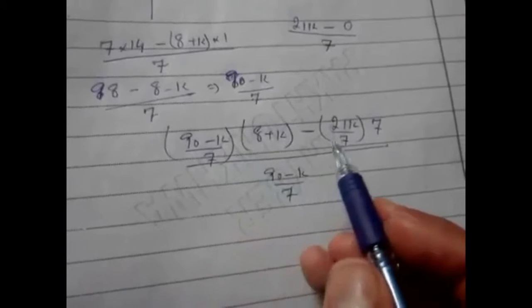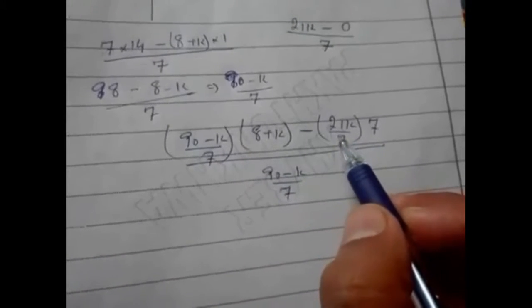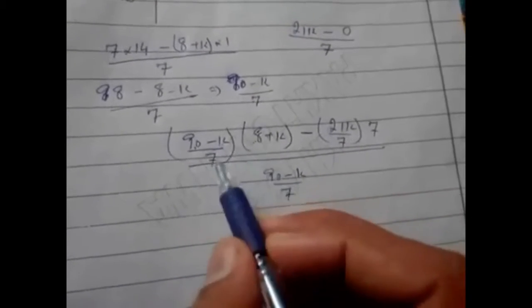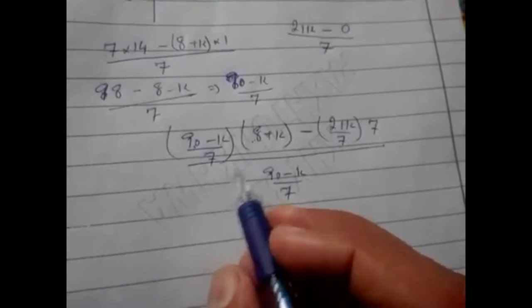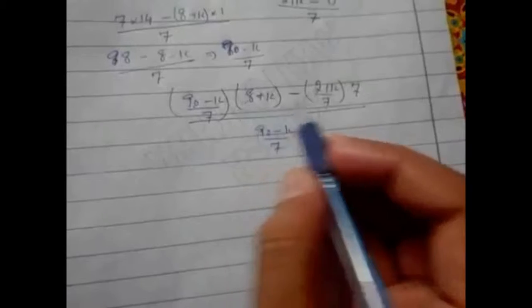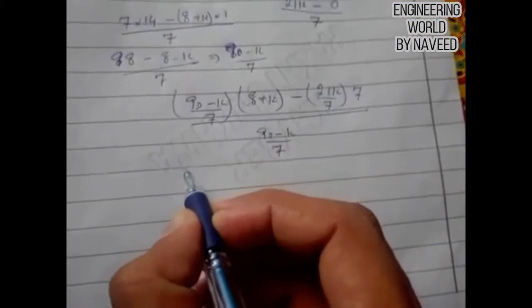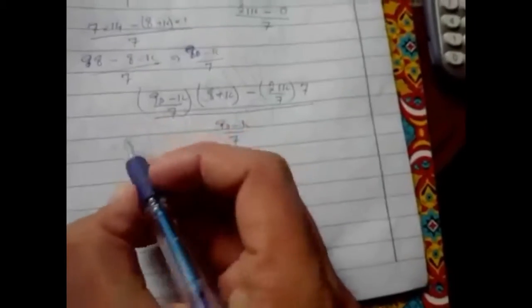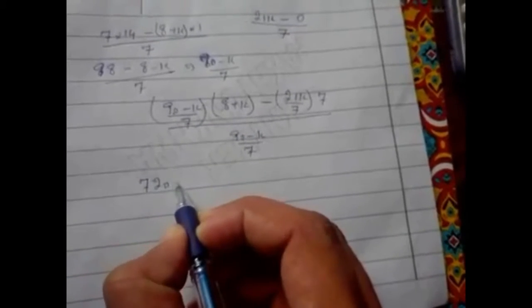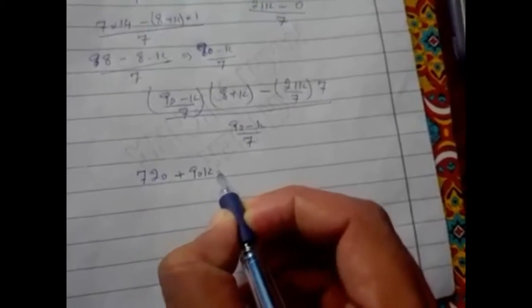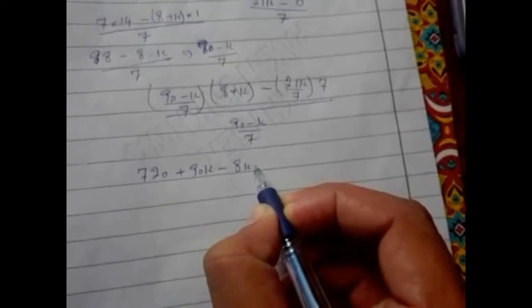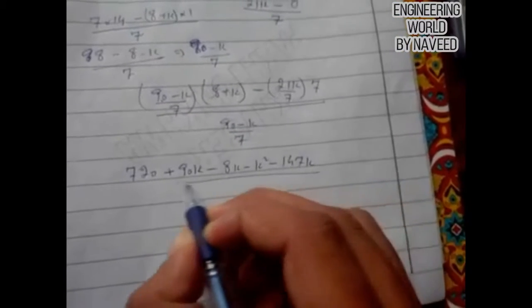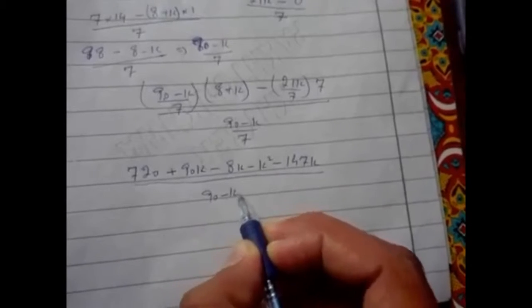Simplifying it, you get the value 720 plus 90k minus 8k minus k squared minus 147k divided by 90 minus k.